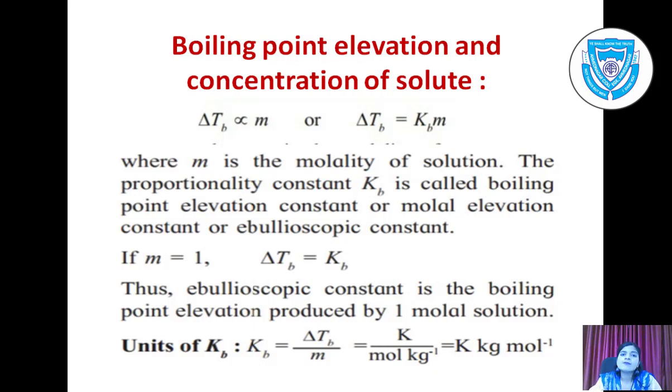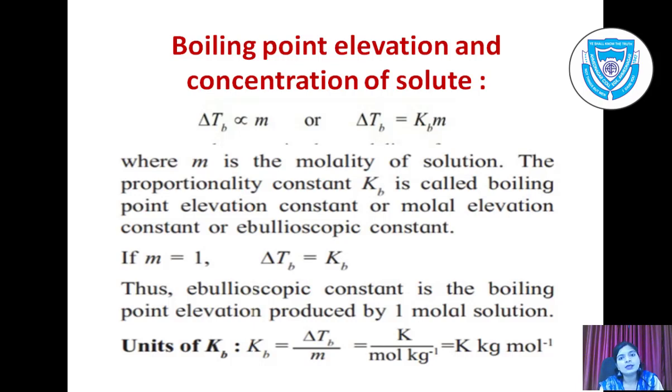If molality m is equal to 1, then delta TB is equal to Kb. So the ebullioscopic constant is the boiling point elevation produced by a 1 molal solution.